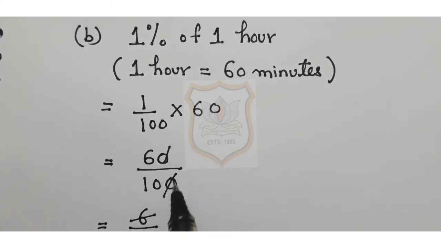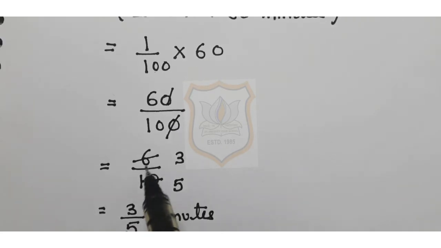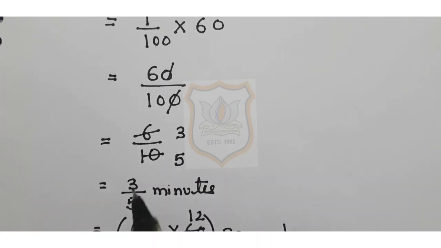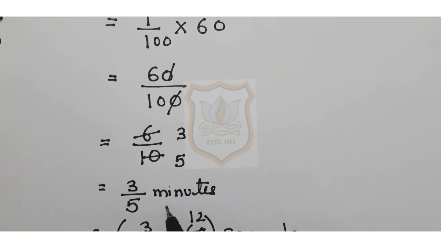Again 0, 0 cancel. Again 6 upon 10. 2 threes are 6 and 2 fives are 10. Our answer is 3 upon 5 minutes because it is in minute form. The unit is minutes. Again, we will convert these minutes into seconds.